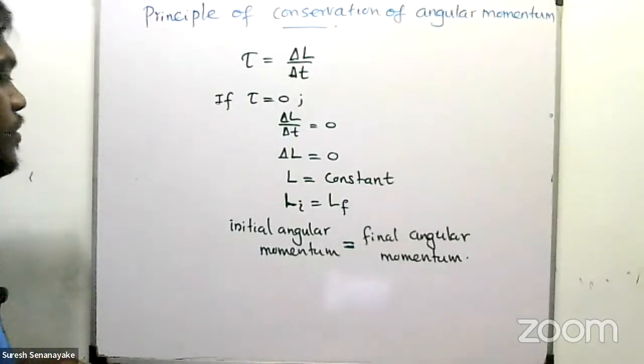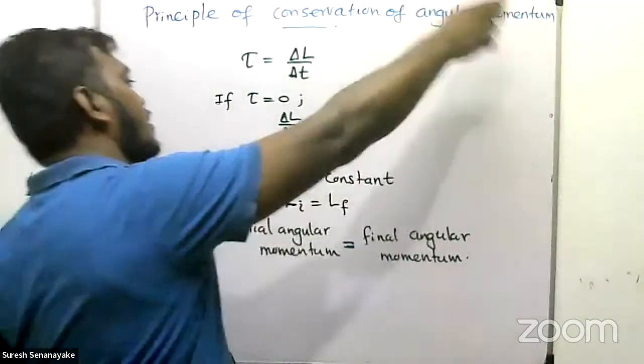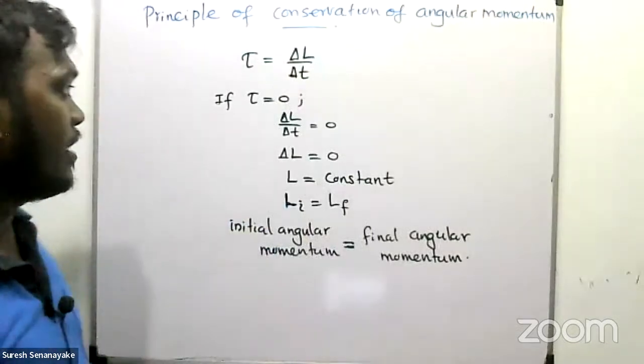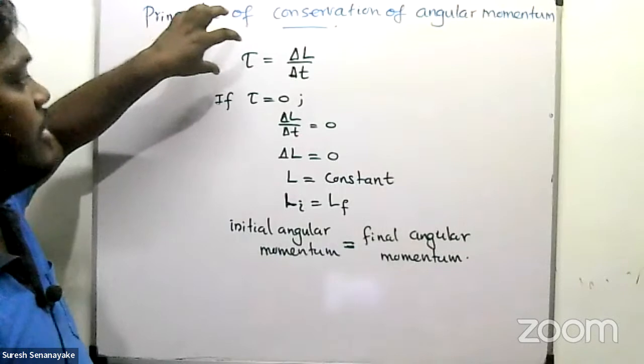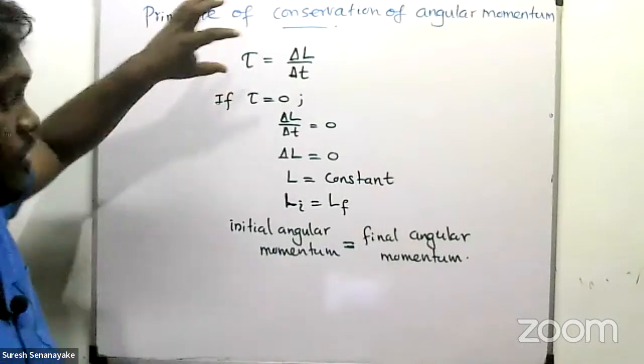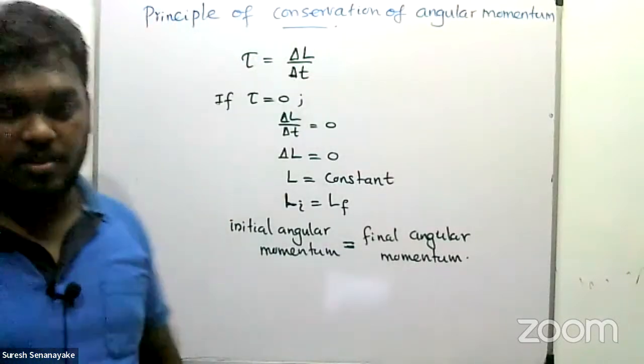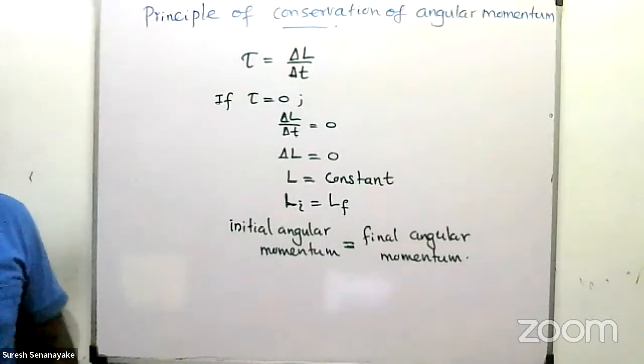This is called angular momentum conservation. As a law we can say that if there is no external torque applied, the total angular momentum of the system remains unchanged, or constant.